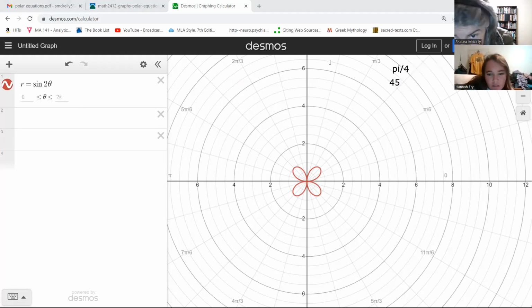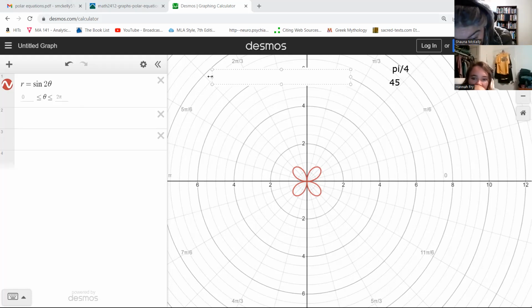135. Now you're at 135. So here's 90, this line right up here, and 45 degrees later, over here, this is at 3 pi over 4, and behold, we have a petal there.